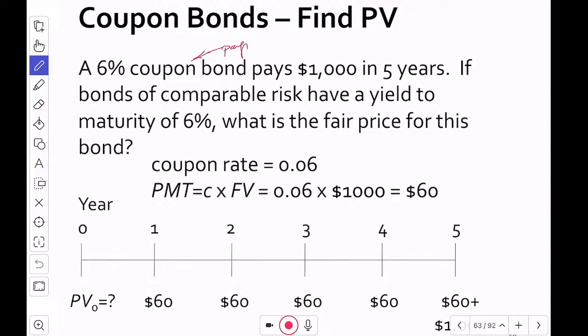So now we get to use the annuity formula because there's payments. So 6%, what does 6% mean? 6% of the book value, the face value, 6% of that means multiply 6% by 1,000 to get your payment. So this is what it looks like.